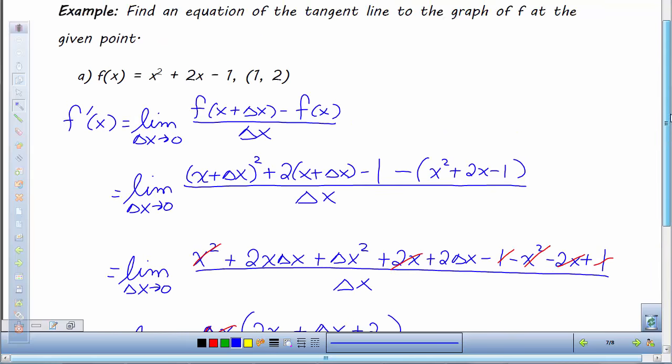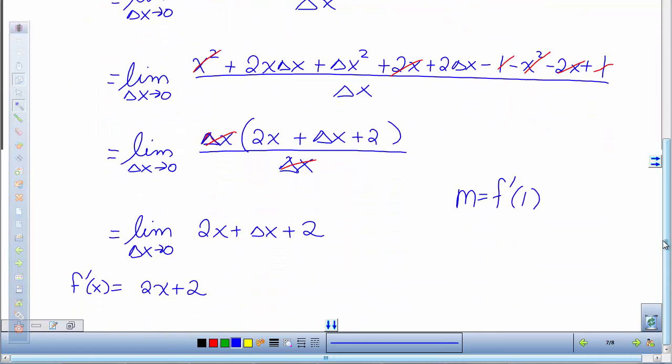I'm plugging in that x value. A little bit later we'll have an opportunity to plug in both the x and y. But in my derivative function, I only have a place for this x value. So we're going to say 2 times 1 plus 2. 2 times 1 plus 2 gives me 4.